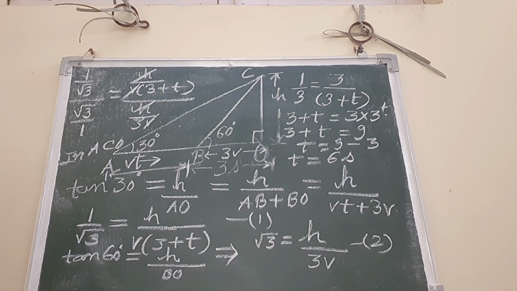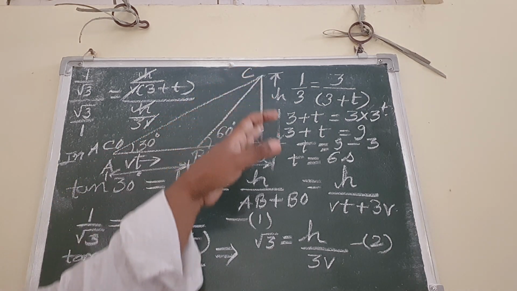So we are going to understand this question once more. Here there is a right angled triangle.